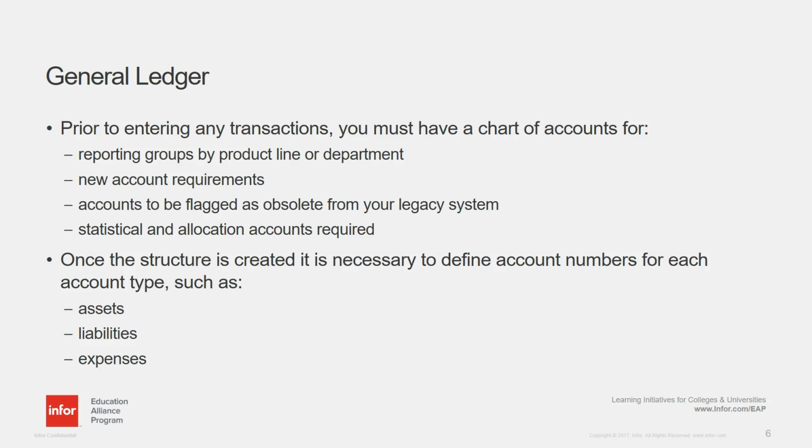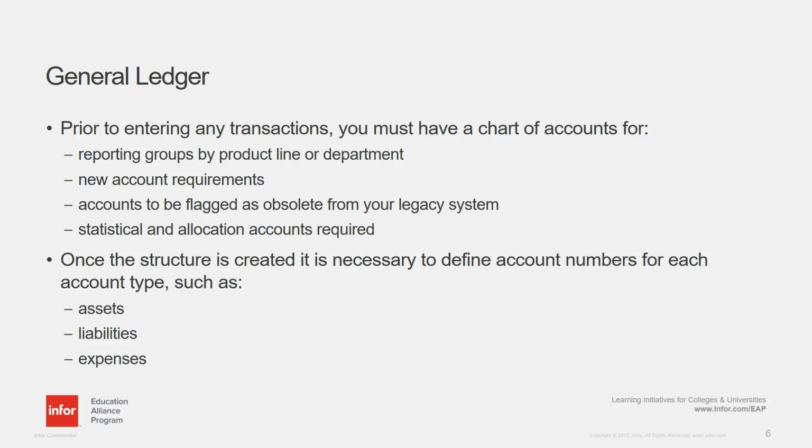There may be some new account requirements that will be outlined in the general ledger. Any accounts that need to be flagged as obsolete as you're migrating from the legacy system to a new system are also specified in the general ledger. And then, of course, you've got statistics and allocation accounts for business analytics, data analytics and business intelligence.